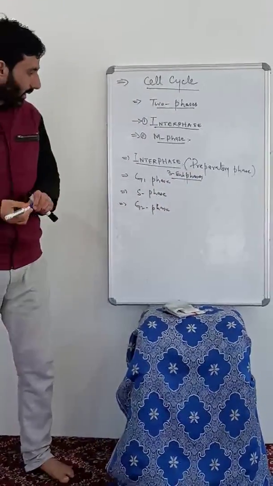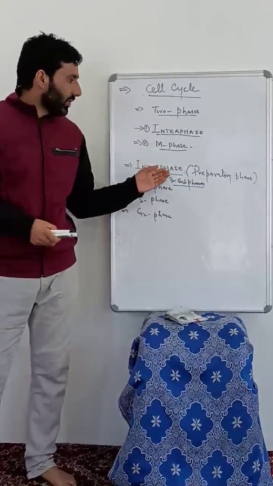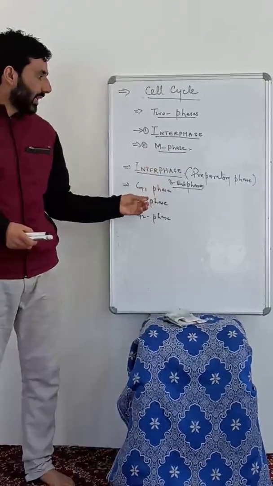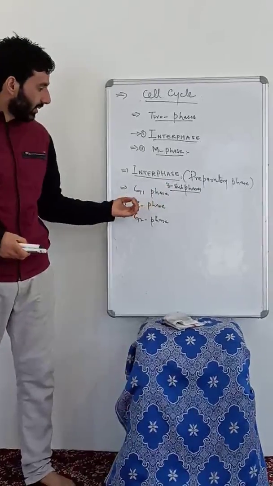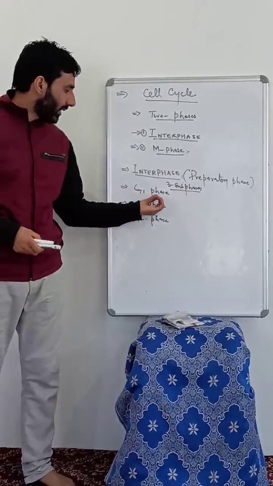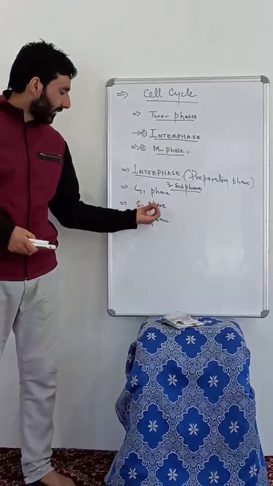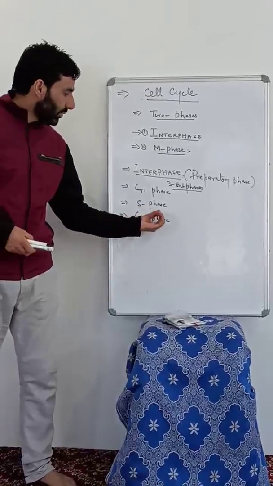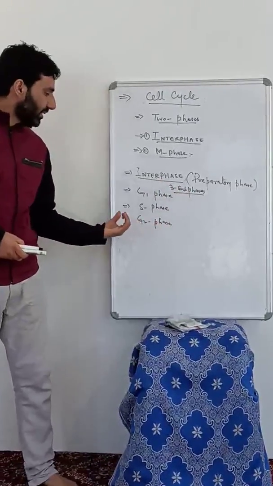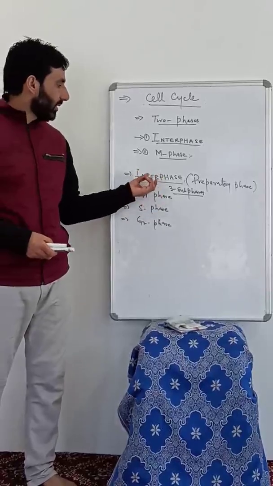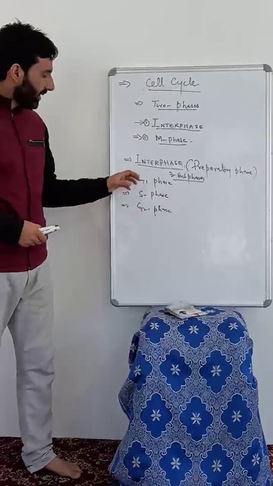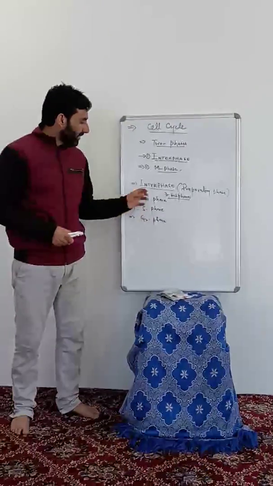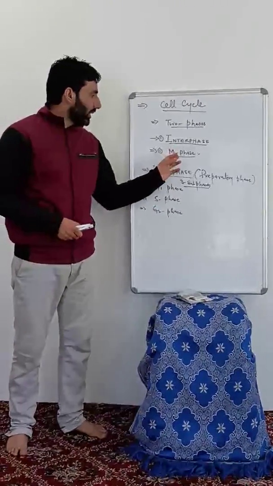So this interphase, which is a preparatory phase for the cell, is divided into three subphases. After the completion of these three subphases, the M phase follows.